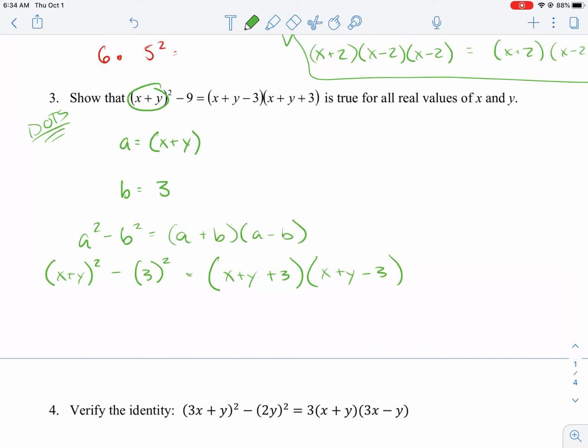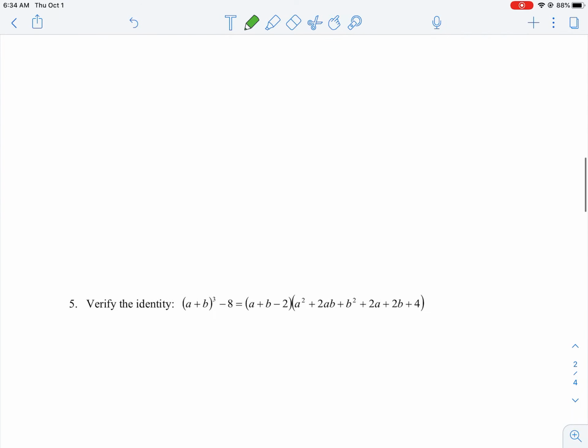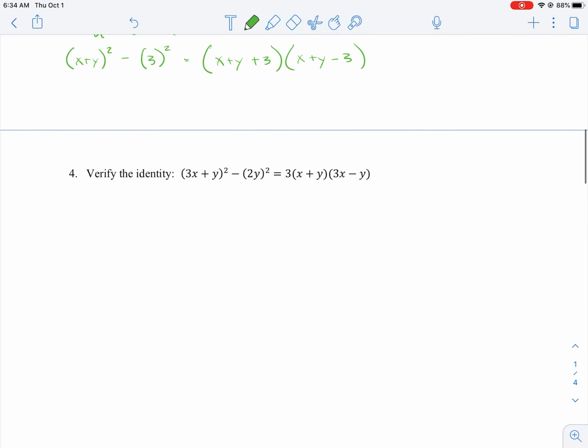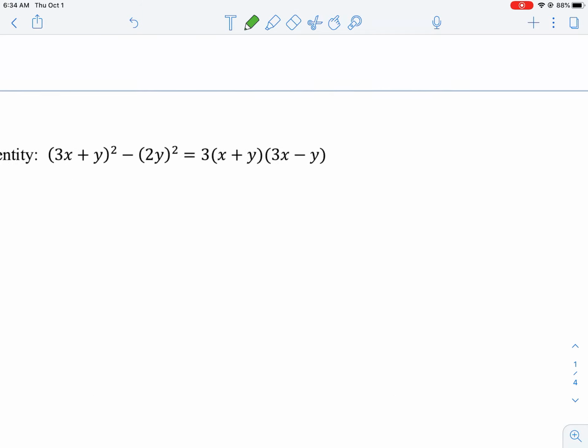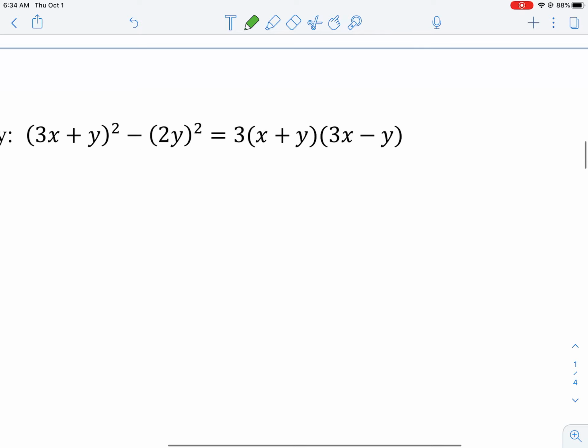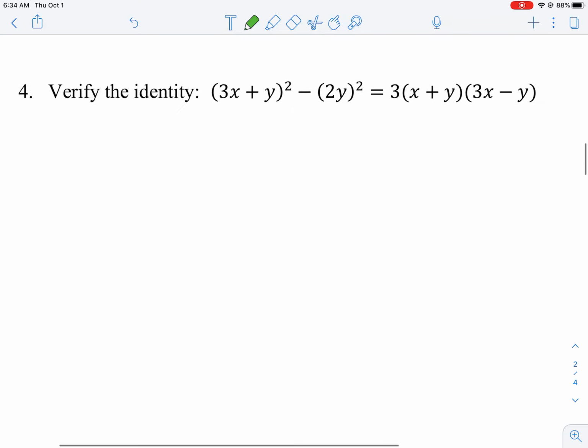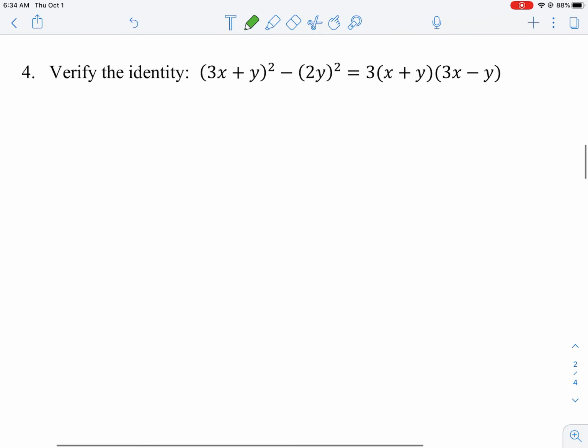Okay, let's look at number 4. So we want to verify this identity. How can we go about this one? Well, I'm just going to kind of roll with it.